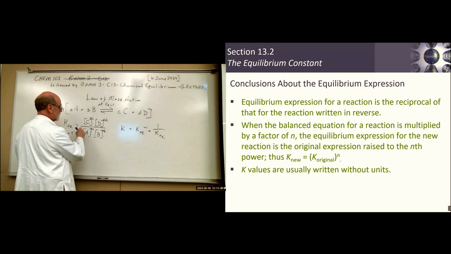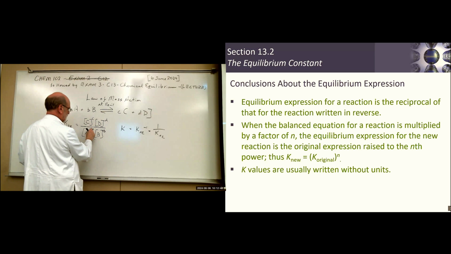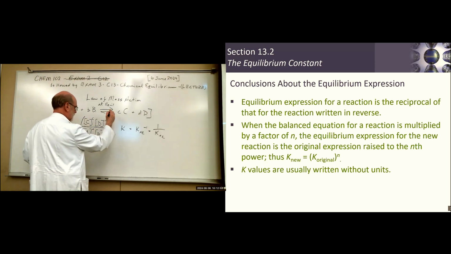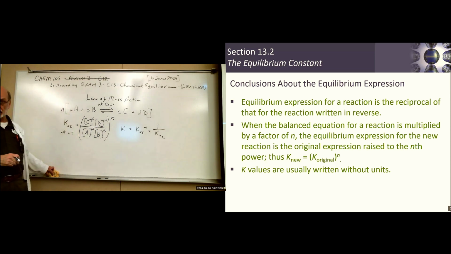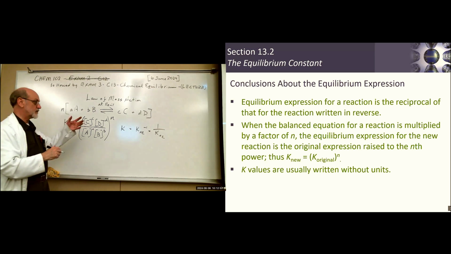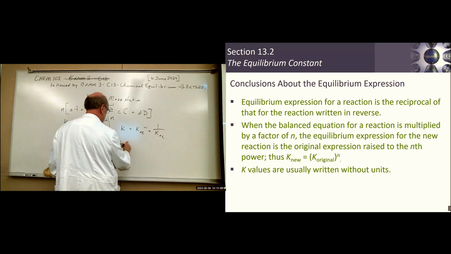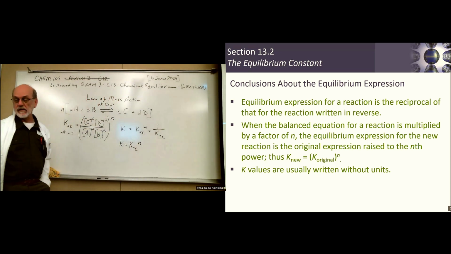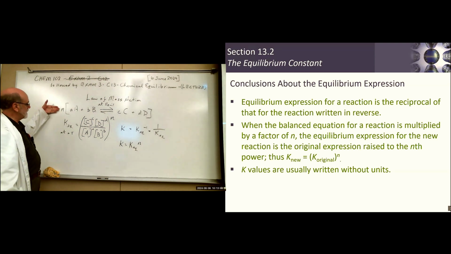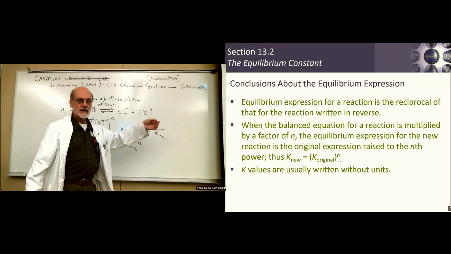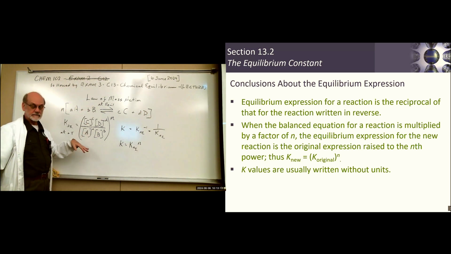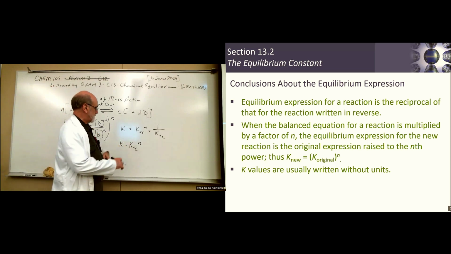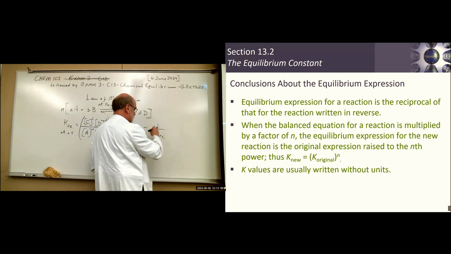We can take that n like this and do that. It's the same thing. So what does that do to your K? Your new K now is equal to the K_eq to the n power. So if you have to multiply a factor n times your equation to get it ready to add to the others, then the K_eq that you did have now is to the n power.